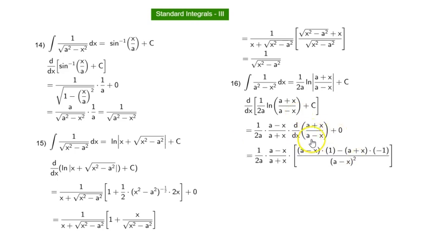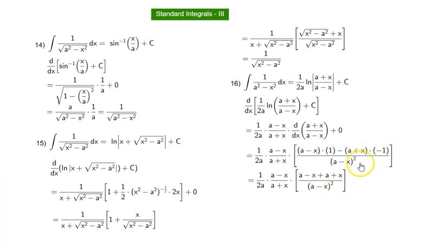Now here we apply the quotient rule. So a minus x times the derivative of the numerator, which is 1, minus a plus x as it is, and then the derivative of the denominator, which is minus 1. The whole thing divided by a minus x whole square. Simplify it.